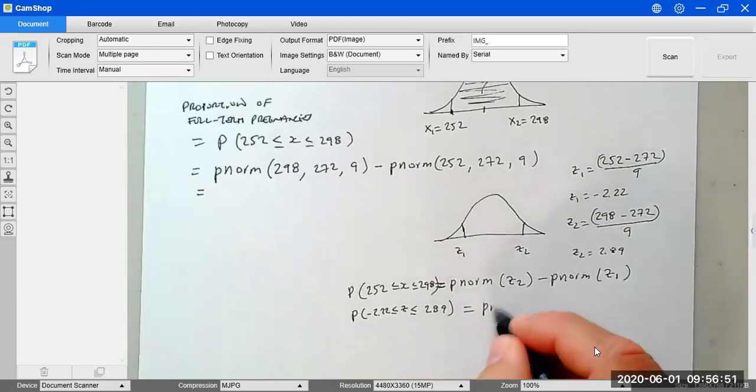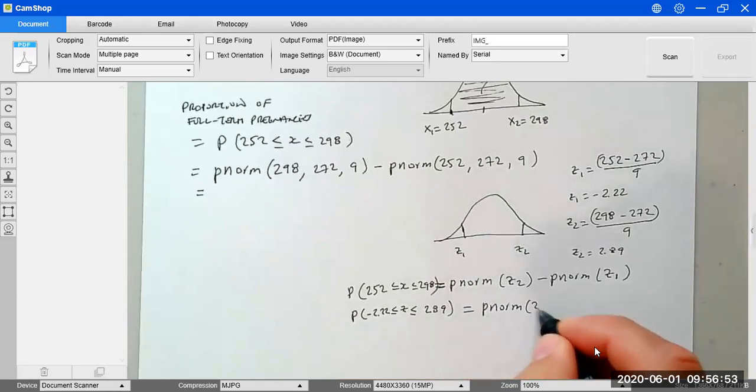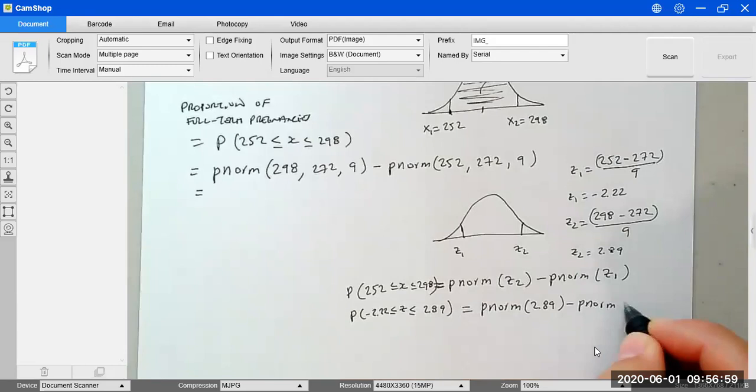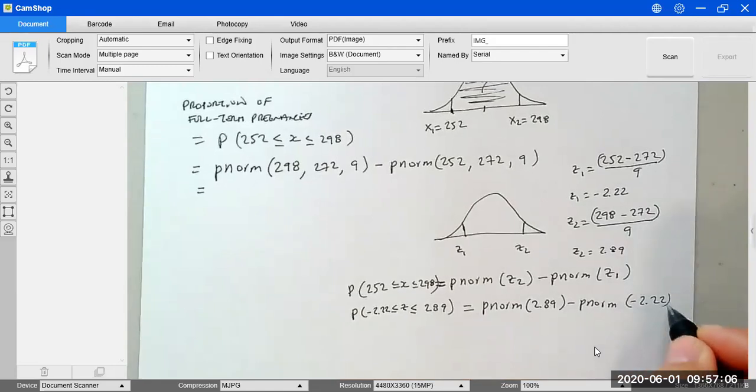And this is going to be pnorm of 2.89, which is the upper value, minus pnorm of the lower value, which is negative 2.22. So let's do these operations. We should get the same answers by using any of those methods. It's going to be up to you, the method that you follow.